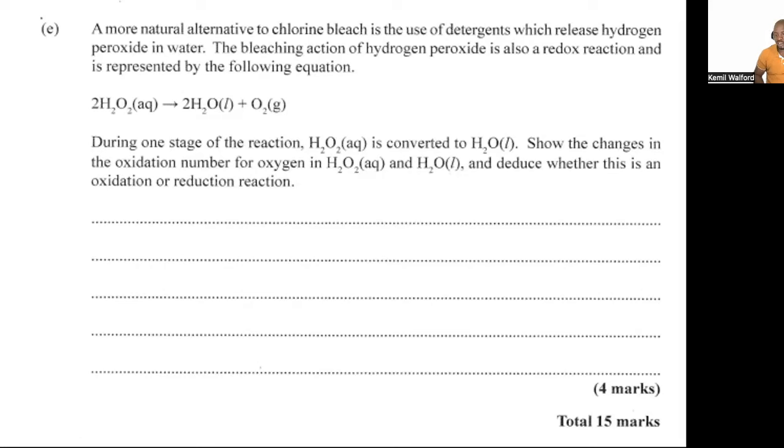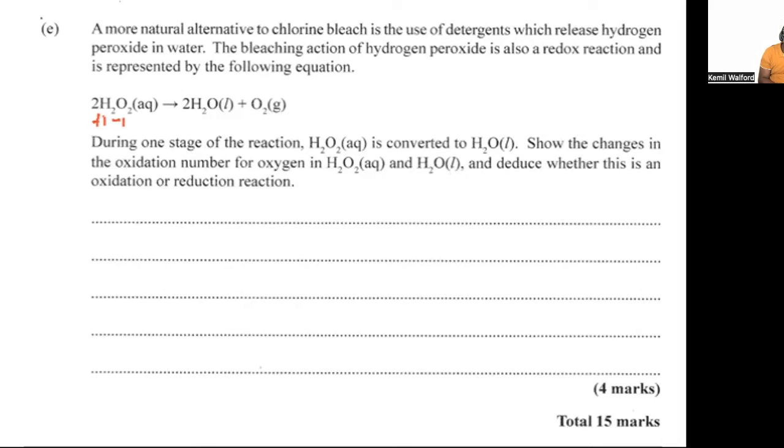All right, so let us assign our oxidation numbers, and then we can take it from that. So this is hydrogen peroxide. The hydrogen is +1, still. The oxygen here is -1.